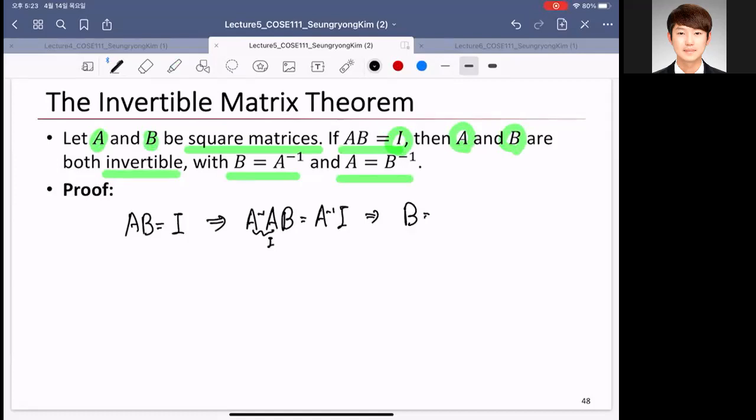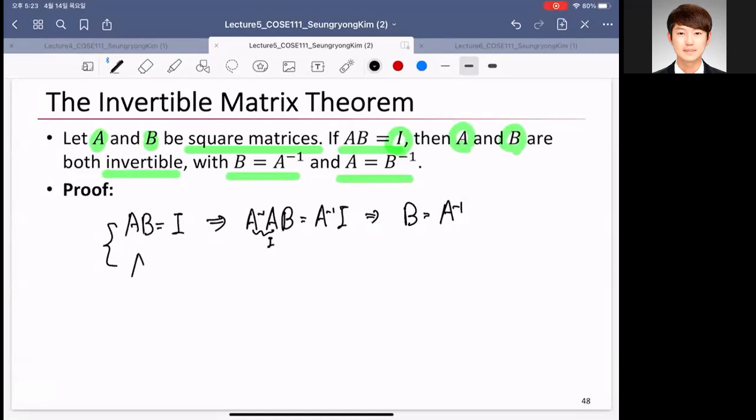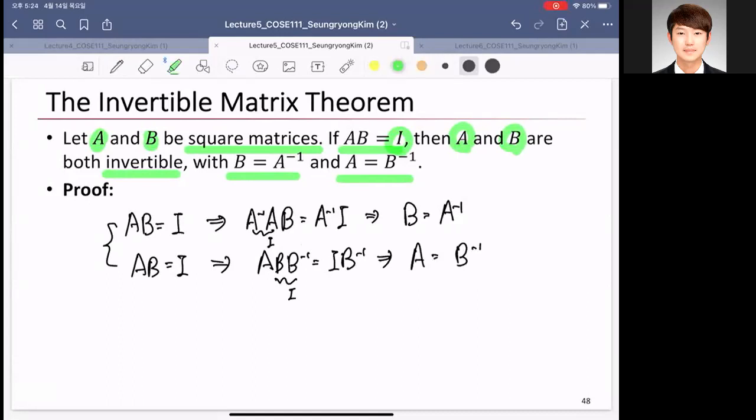Then P is equal to the inverse of matrix A. Or from AP equal to I, if we multiply the inverse of matrix P on the right, AP P inverse is equal to identity times P inverse, then because this is the identity matrix, A is equal to P inverse. So here and here, right? So this is another statement.